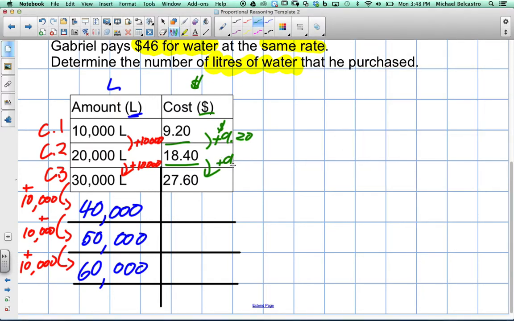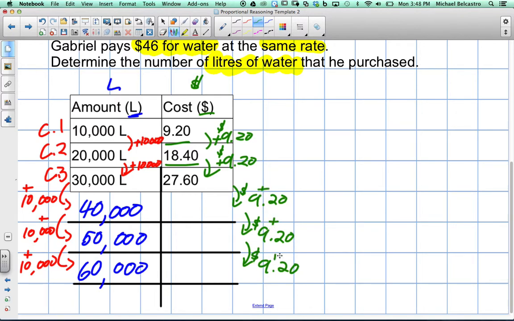Great. So just as the liters increased by 10,000, we knew that the dollar amount increases by $9.20. So we're going to do the same thing. We're going to add $9.20 throughout our table to see if we end up at exactly where Gabriel had spent his $46.